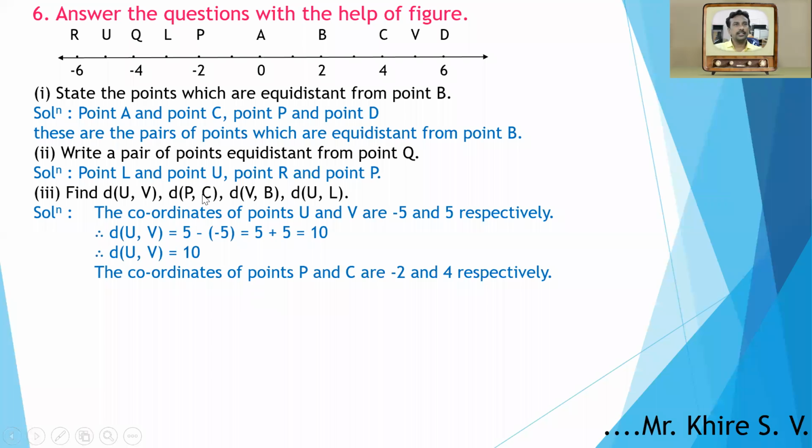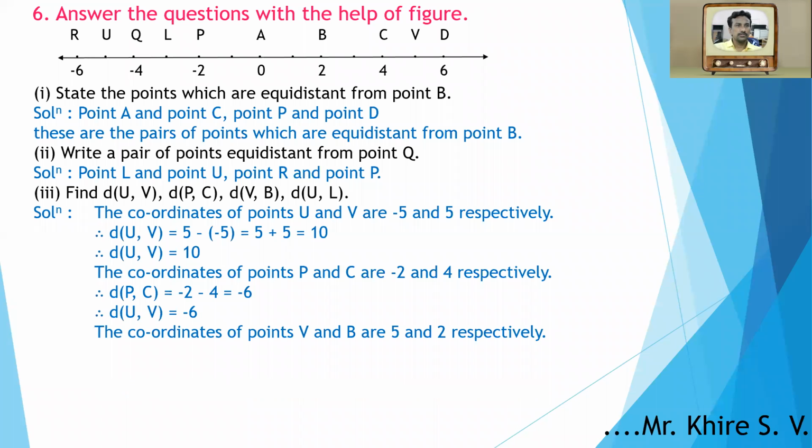Similarly, the second distance PC. The coordinates of points P and C are -2 and 4 respectively.